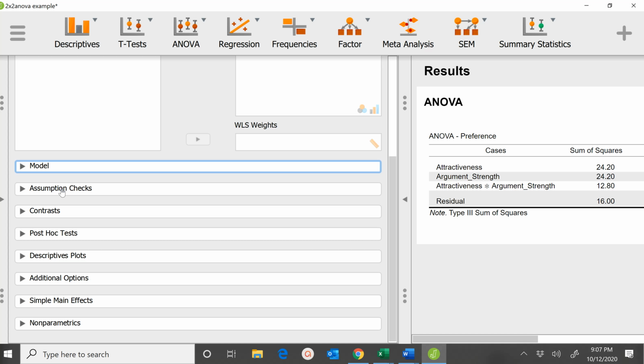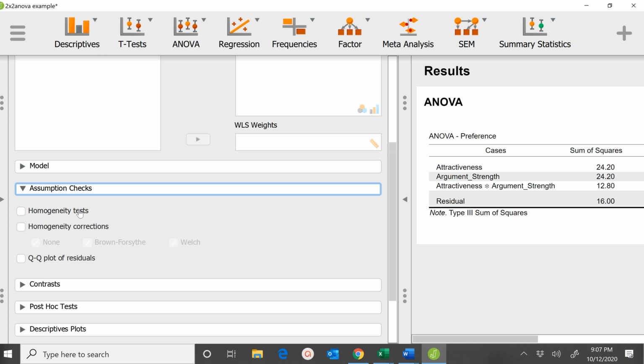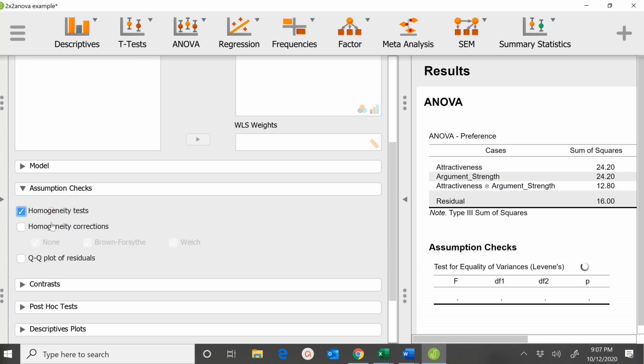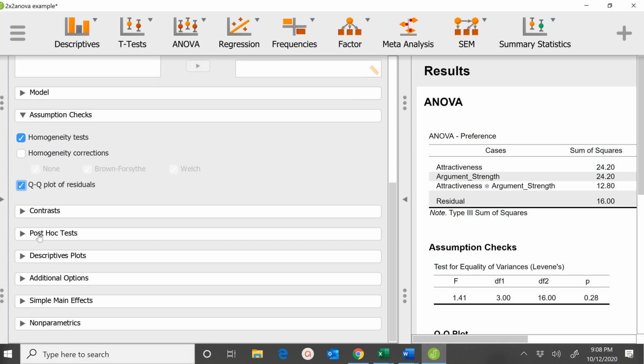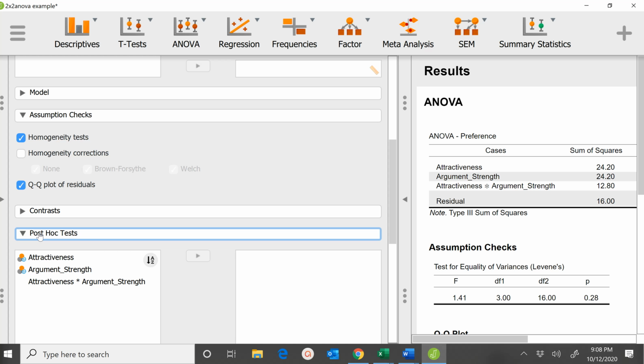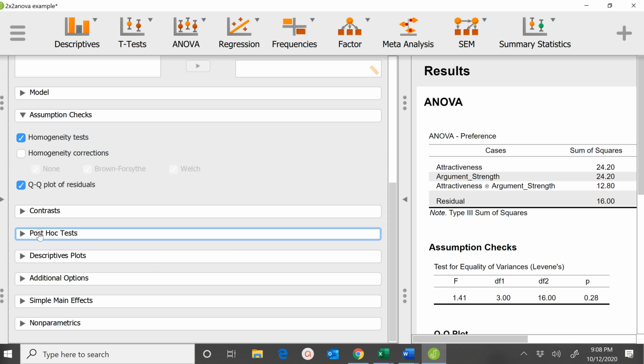There's two assumptions that we will check with the data. One is homogeneity of variance, and the other is normality of residuals or error. We're not going to mess with contrasts for now. We could conduct post hoc tests, but let's hold off for a minute because we don't even know if we have an effect yet that we need to probe.